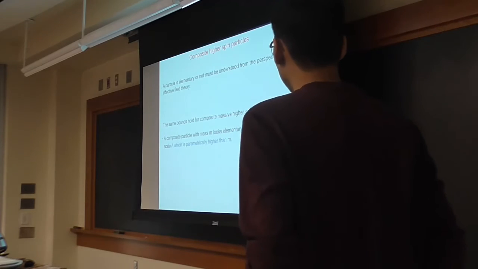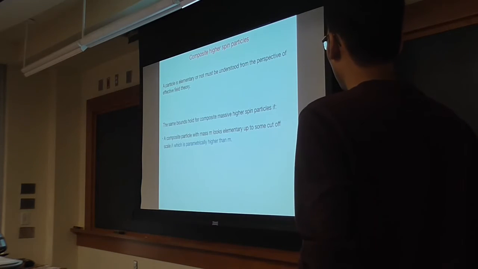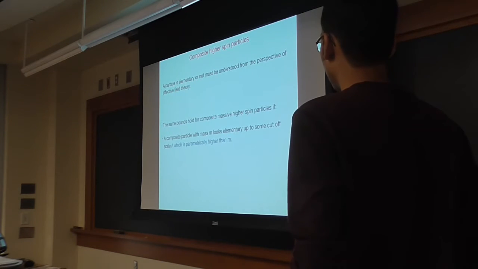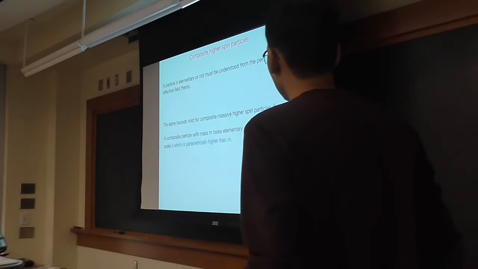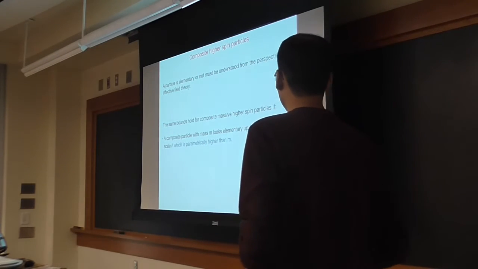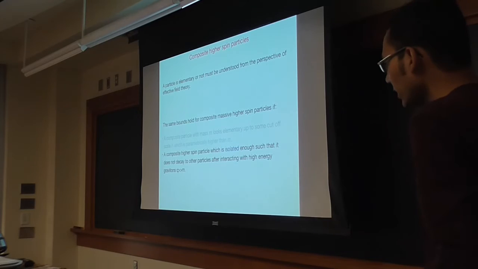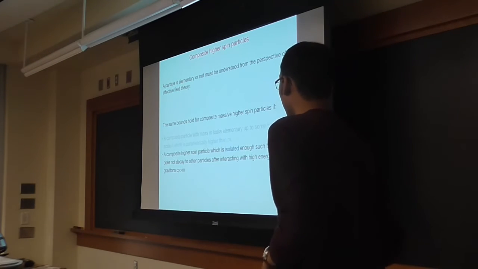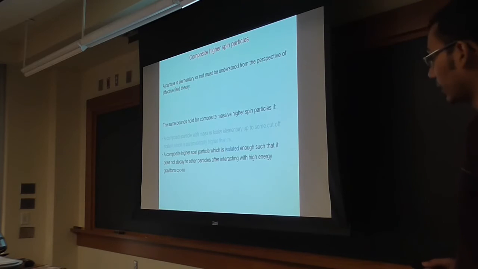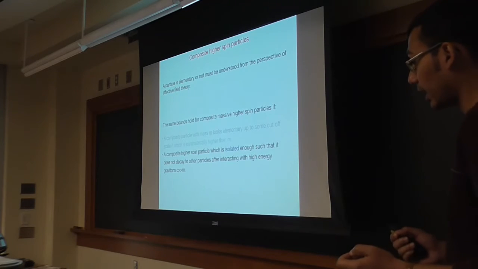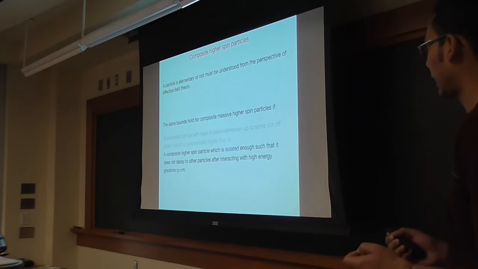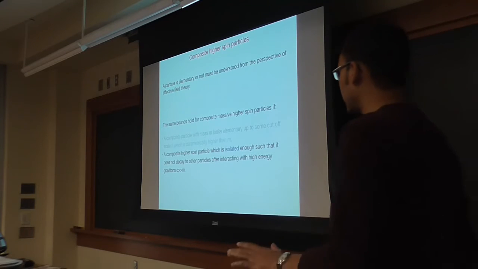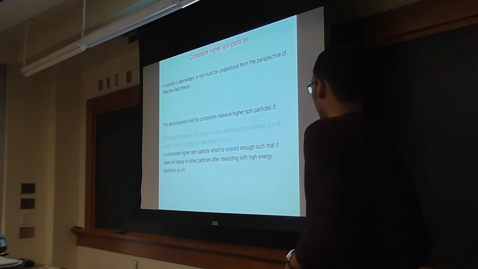So a composite particle with mass m which looks elementary up to some cutoff scale which is parametrically higher than m, then this bound is applicable to that particle as well. Also, a composite high spin particle which is isolated enough such that when it interacts with a high energy graviton, it doesn't decay into something else. Even for that scenario, our bound is applicable.